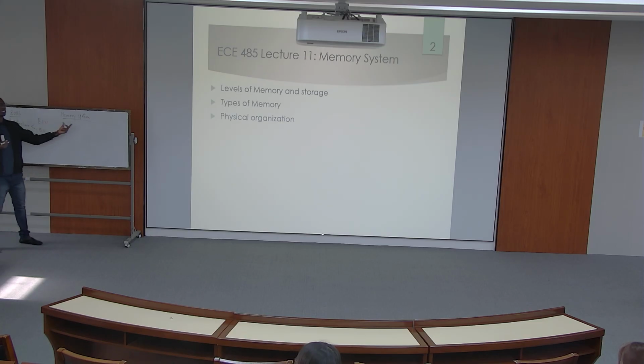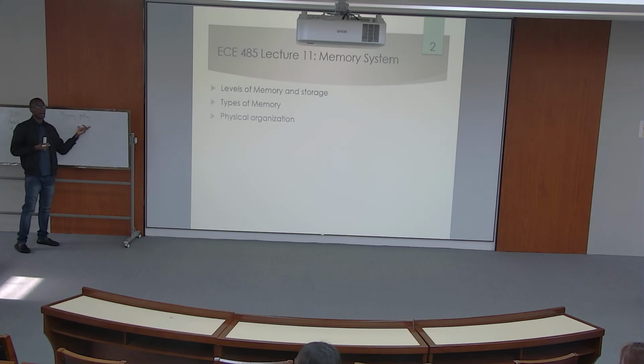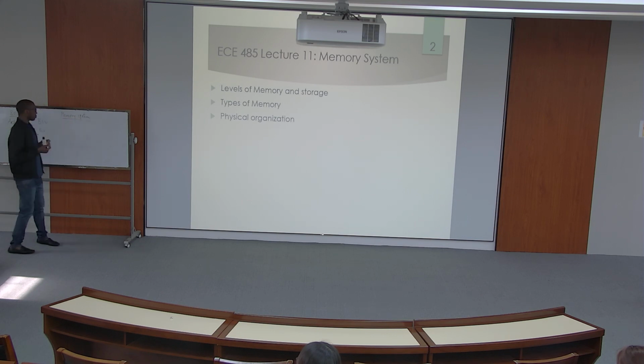So we need a memory system, we need storage, where the computer can store data and instructions. That's why it is very important to learn about a memory system in this class. We're going to talk about different levels of memory, different types of memory, and physical memory organization.